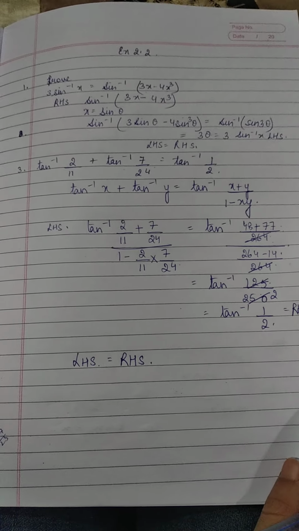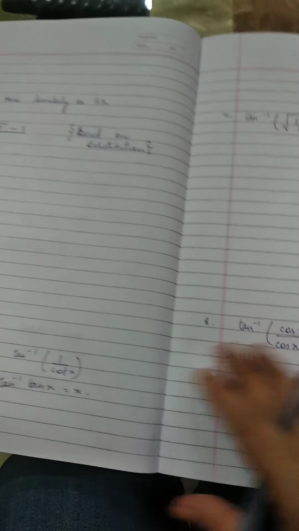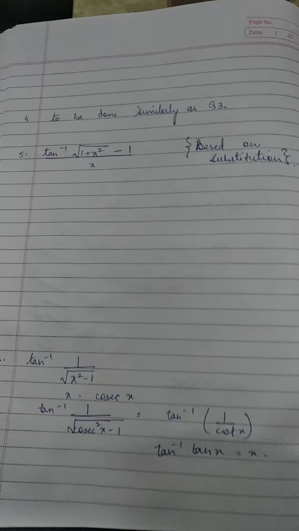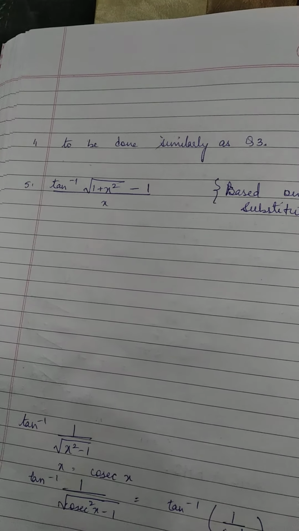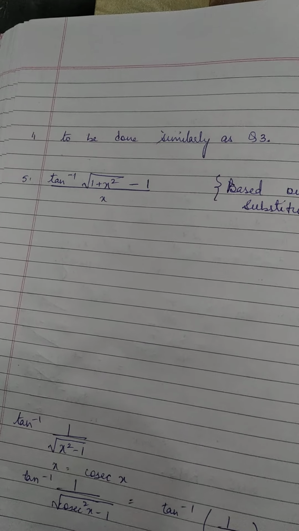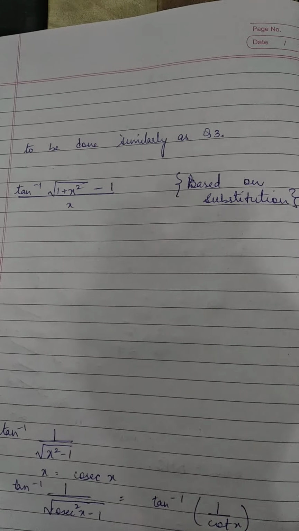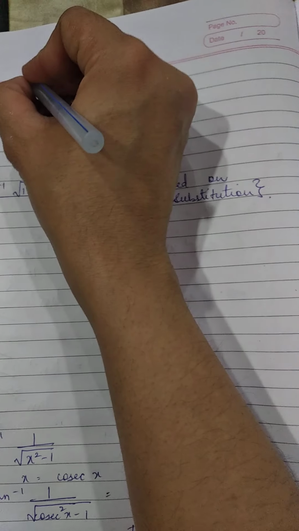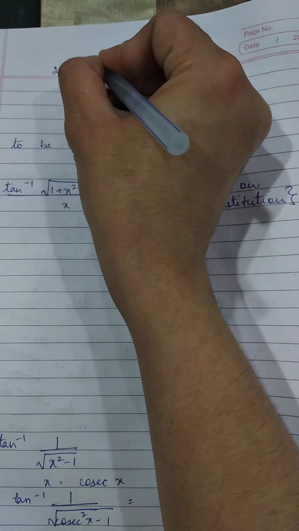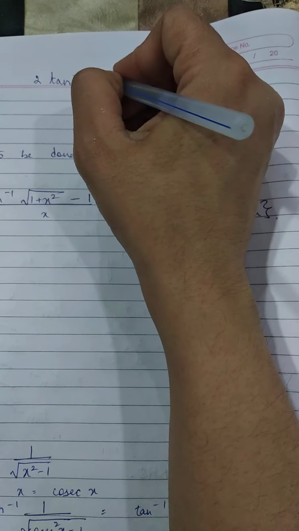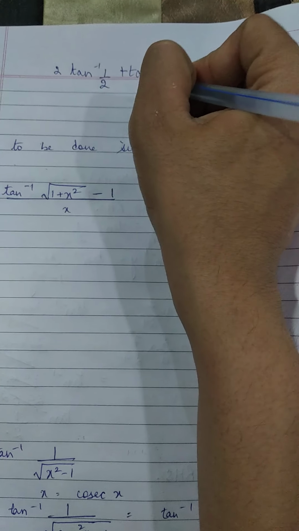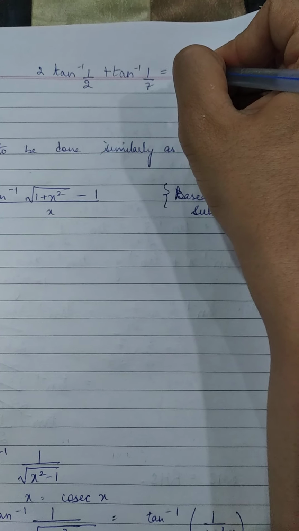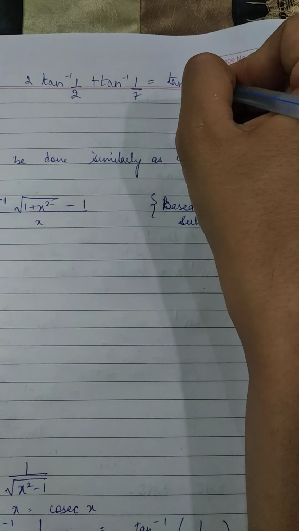Moving on to question number 4. It is to be done in a similar way, right? I'll give you a hint. That is, 2 tan inverse 1 by 2 plus tan inverse 1 by 7 is equal to tan inverse 31 by 17.